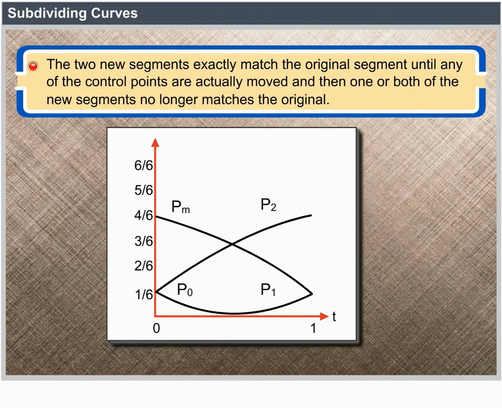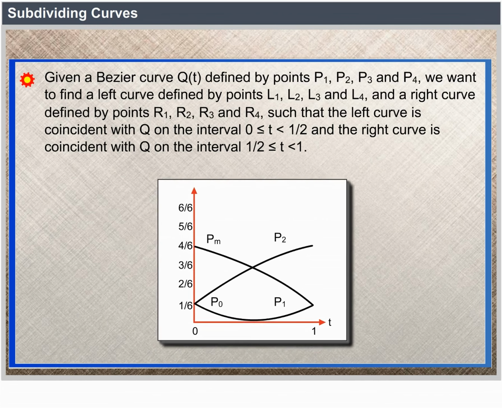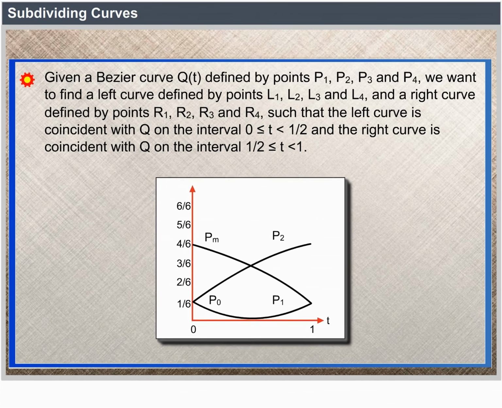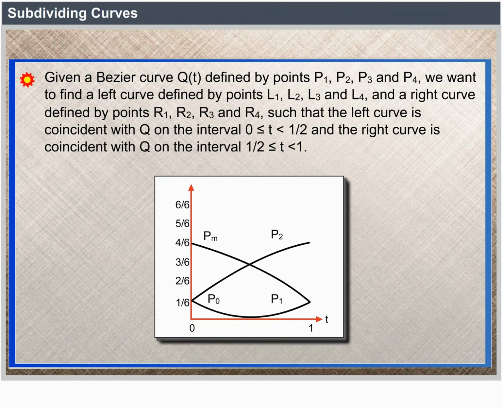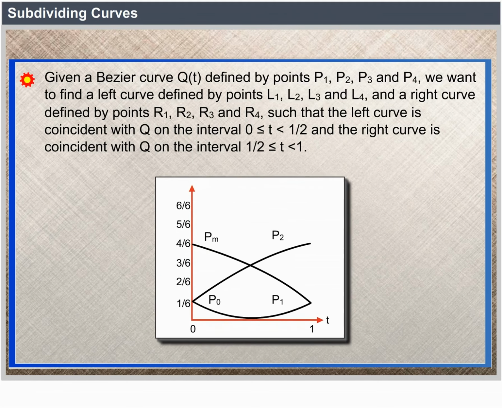Given a Bezier curve Q(t) defined by points P1, P2, P3 and P4, we want to find a left curve defined by points L1, L2, L3 and L4 and a right curve defined by points R1, R2, R3 and R4, such that the left curve is coincident with Q on the interval 0 ≤ t < 1/2, and the right curve is coincident with Q on the interval 1/2 ≤ t < 1.